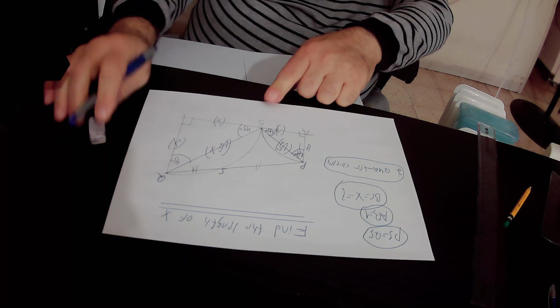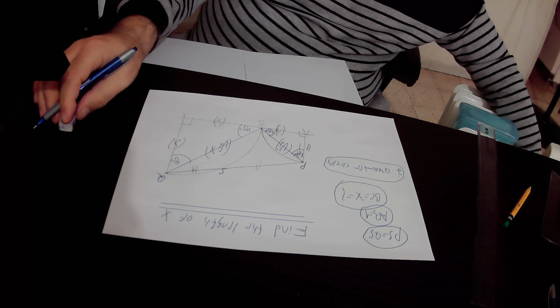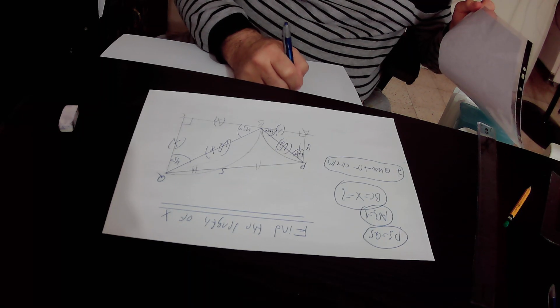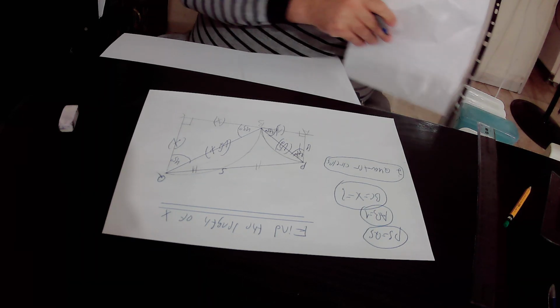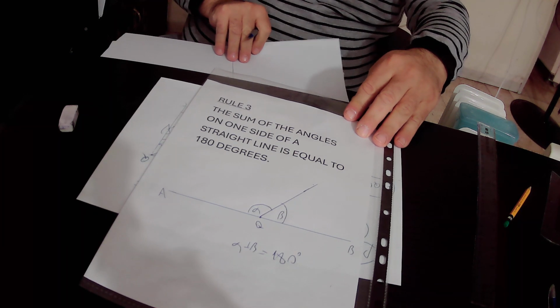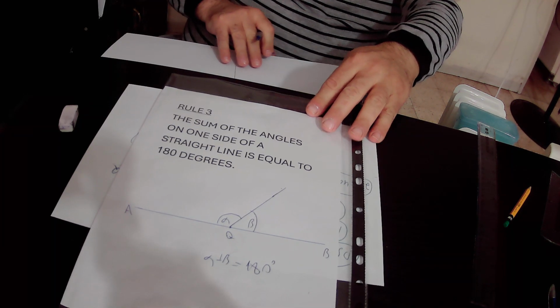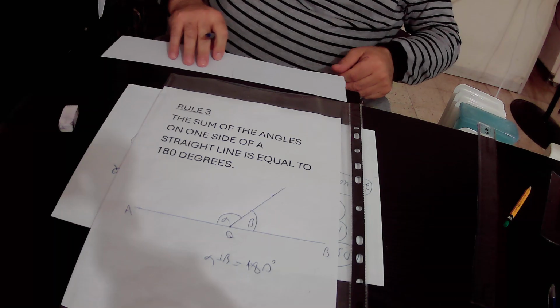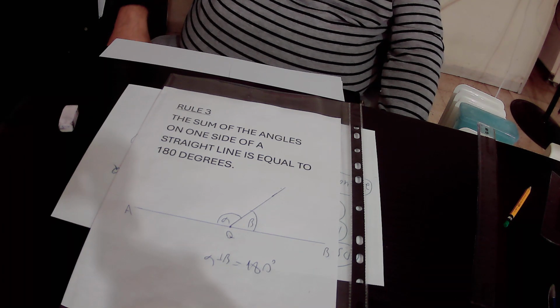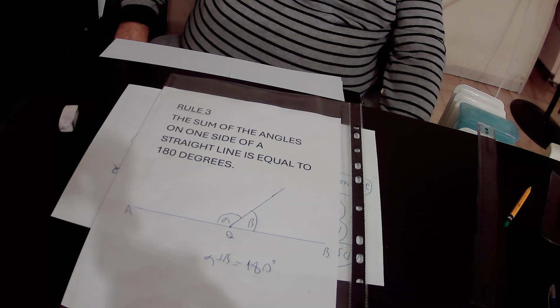In the next step, I present to you rule number 3, and we will implement rule number 3 in our drawing. According to rule number 3, the sum of the angles on one side of a straight line is equal to 180 degrees.